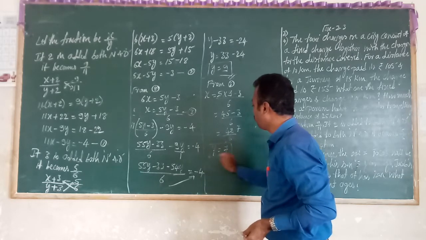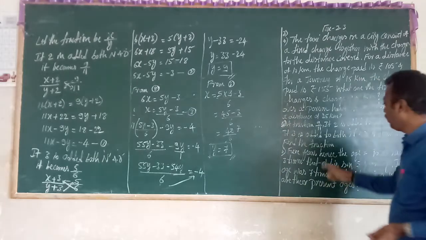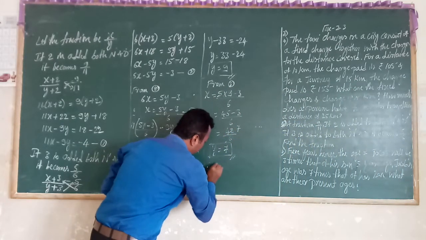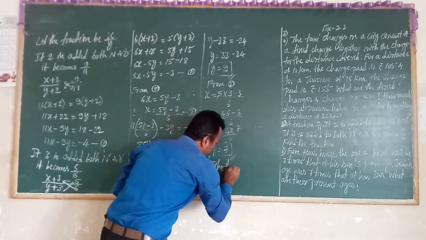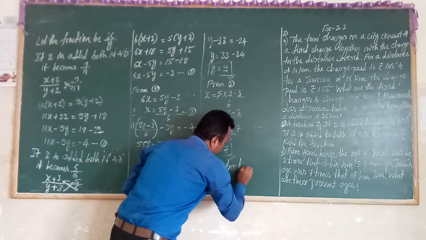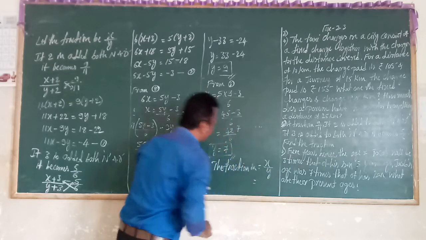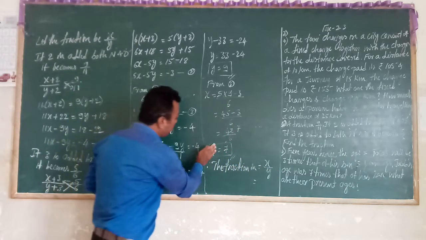Then what is the fraction? What we have to calculate? Find the fraction. Therefore the fraction is x by y. What is the x value here? x is not y, it is x.